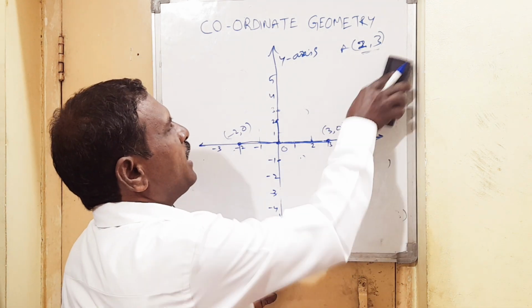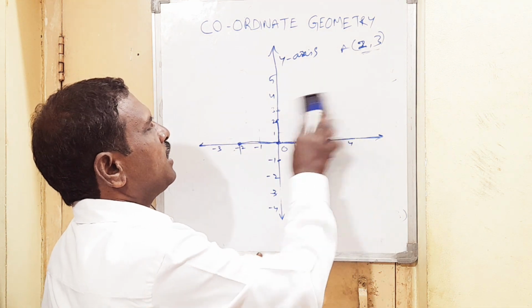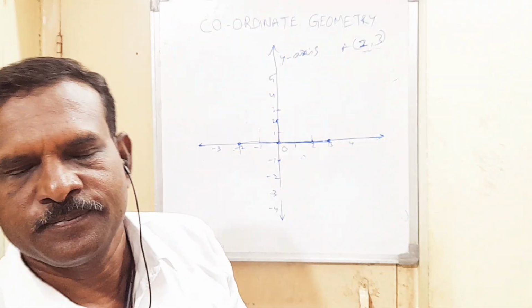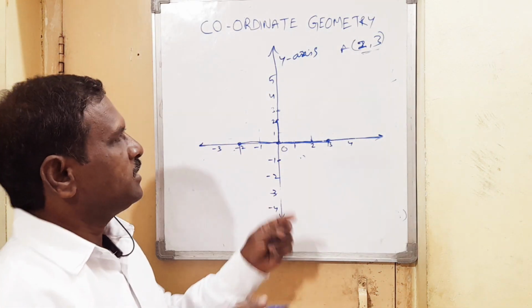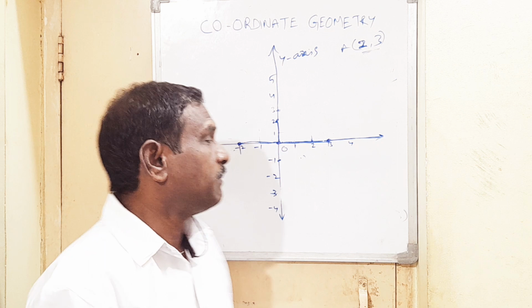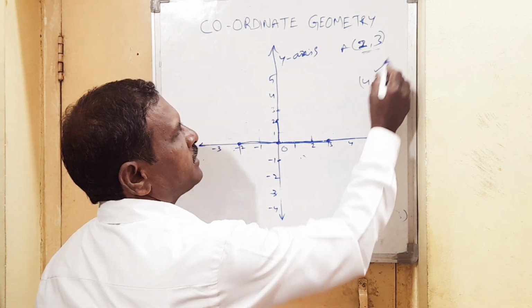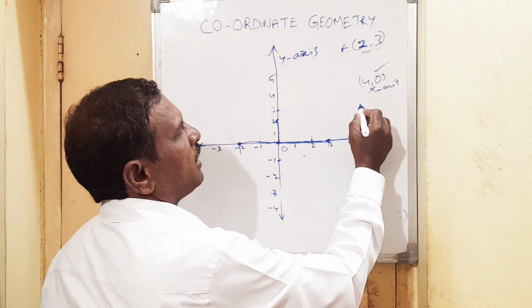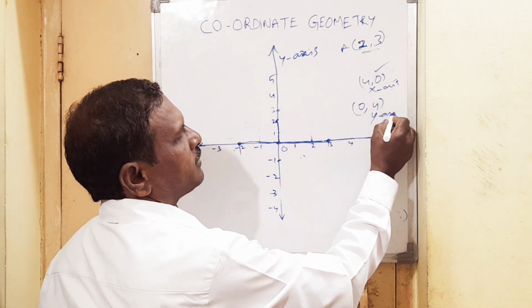If the y coordinate is 0, the point lies on the x-axis. And if the x coordinate is 0, the point lies on the y-axis. So this is the way to plot the points. Remember this carefully.